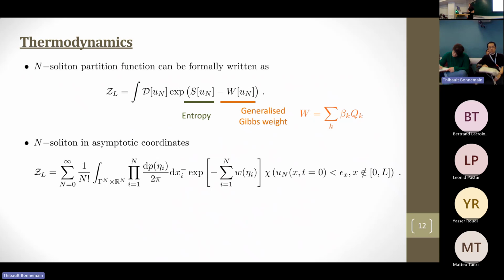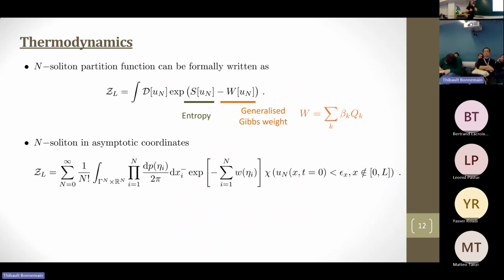And doing so is interesting because we are essentially mapping our N-soliton solution to a system of N free particles. So this makes our statistical mechanics approach more natural, and also we can do this because the spectral parameters, the etas, and the impact parameters, the x minus, are actually canonical coordinates, so the transformation is canonical and hence it's measure preserving.